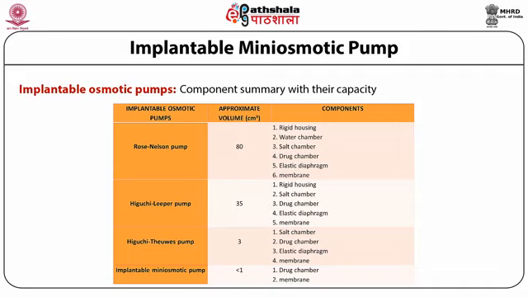The word itself indicates that it is small, and it is clearer from the volume. It can be less than 3 centimeter cube. It is really small and easy to implant with the help of a minor surgery. It basically contains a drug chamber, membrane, and as you have seen in the previous slide, it also contains the most important component called the flow modulator. So this is all about the component summary.